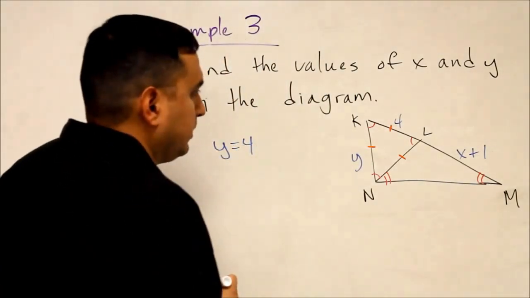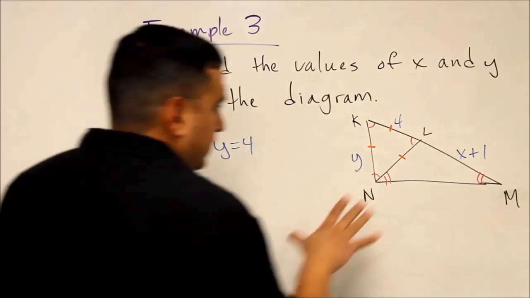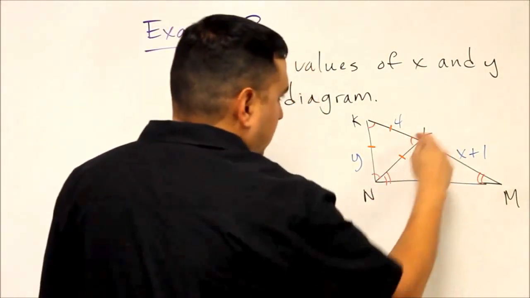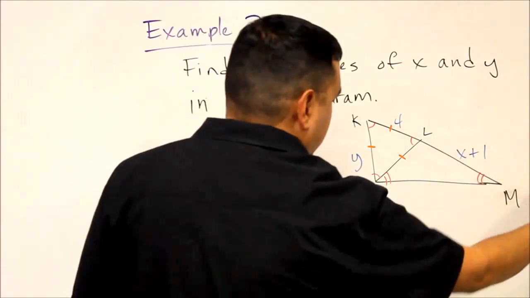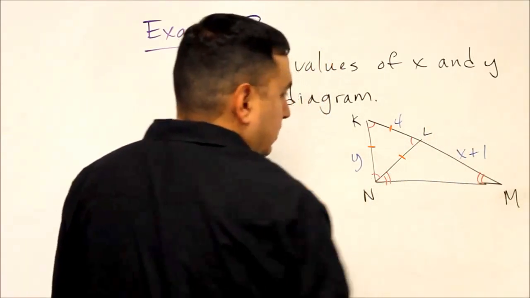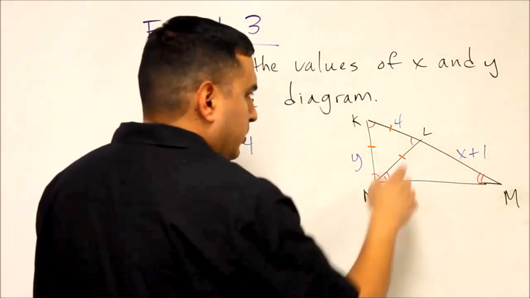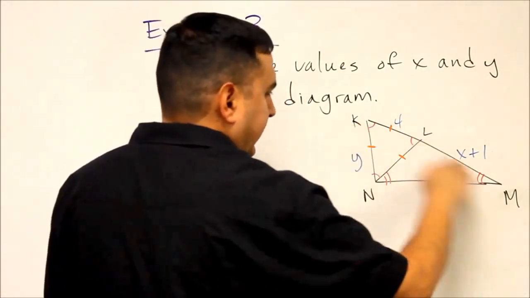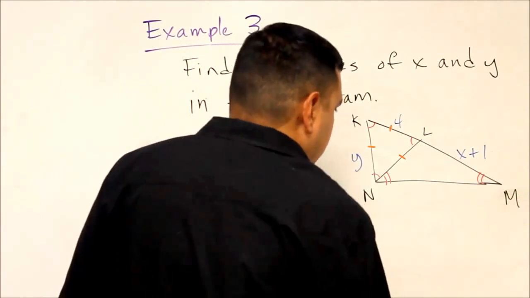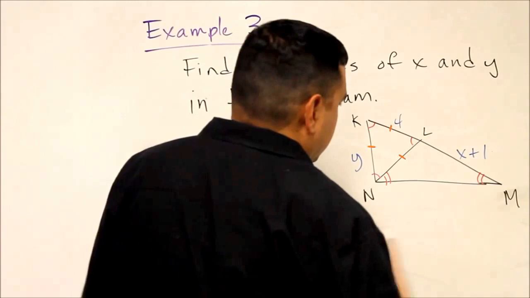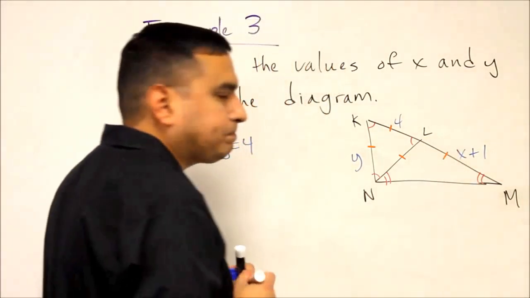Okay, easy enough. And then I look at this other part. I know that this angle right here, LNM, is congruent to angle LMN, which means I have two base angles that are congruent. So that means this side LN has to be congruent to LM, so I could draw a tick mark there.